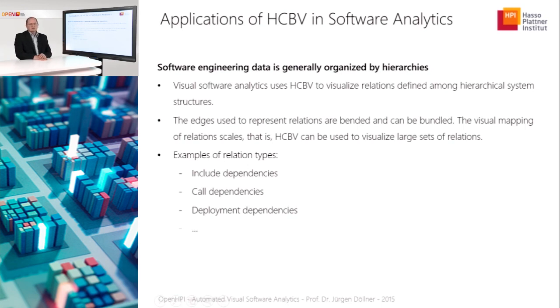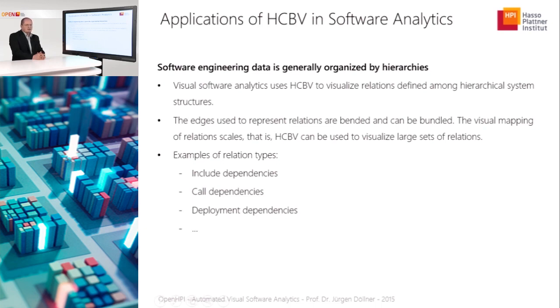However, there is also a strong need to visualize relations that are defined among components of hierarchies. And in this case, the hierarchical circular bundle view is very powerful. It helps to depict relations among components of hierarchies. The edges used to represent relations are banded and can be bundled. The visual mapping of relations this way scales in a sense.